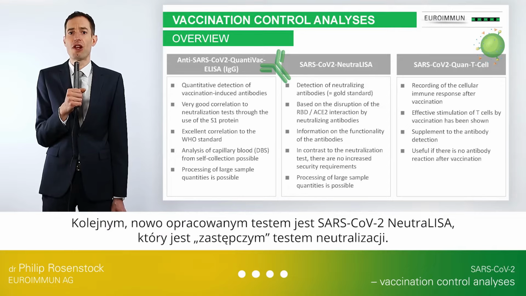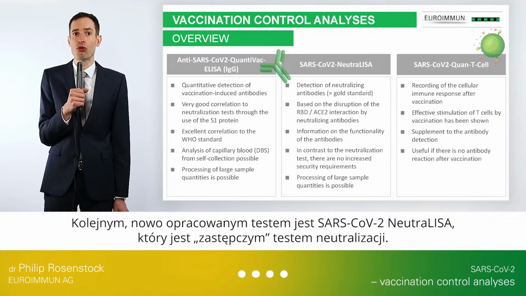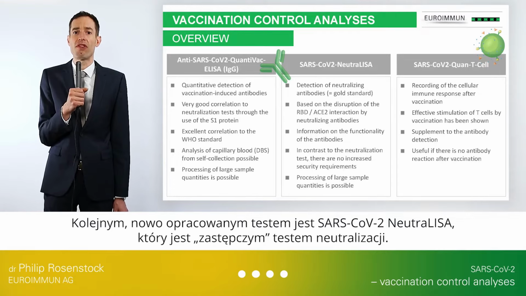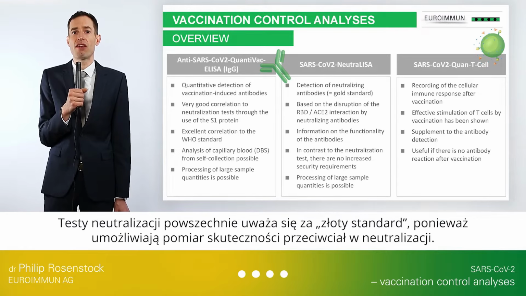One of our latest developments is the SARS-CoV-2 NeutraLISA, and as the name indicates, it's a surrogate neutralization assay. The neutralization assay is currently considered the gold standard for the detection of antibodies because it shows the efficiency of antibody reaction.